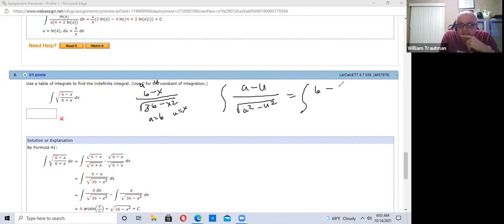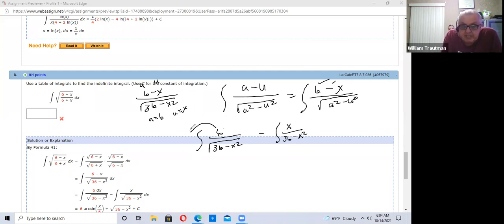6 minus x over the square root of a squared minus u squared. This becomes, we're going to integrate it twice because of this minus sign here. So we're integrating 6 over the square root of 36 minus x squared, minus integrating x over 36 minus x squared.